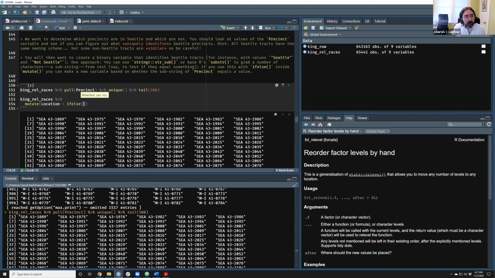So if I want to create a logical statement that will return a true anytime it sees any of these values, what would I give it as a logical statement? What would be an example? So we talked about using, for instance, str_sub is one. How could we do it with that?